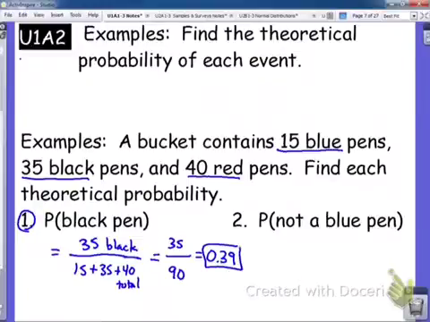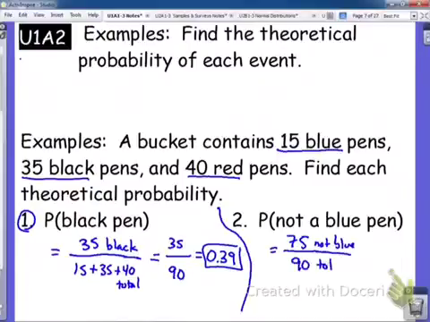Number two, what's the probability of reaching into the bucket and selecting not a blue pen? Okay, so to do this problem, you have to ask yourself, how many pens are not blue? And I see that we have 35 black and 40 red. So there's a total of 35 plus 40, that's 75, not blue, divided by a total of, we said, 90 outcomes.